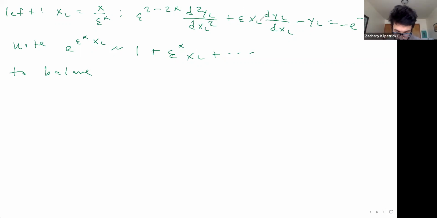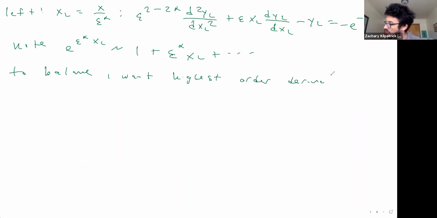So we have the following powers in epsilon here. We have epsilon to the 2 minus 2 alpha, we have epsilon to the 0, and we have an expansion here that's going to have 1 and epsilon to the alpha.